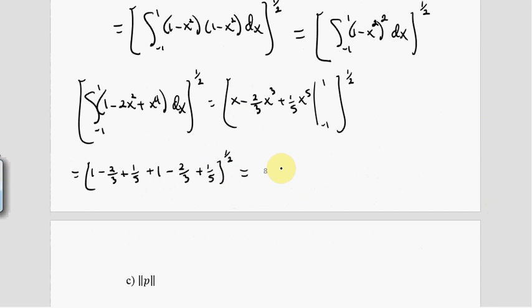So this is the square root of 2 minus 4 thirds plus 2/5.